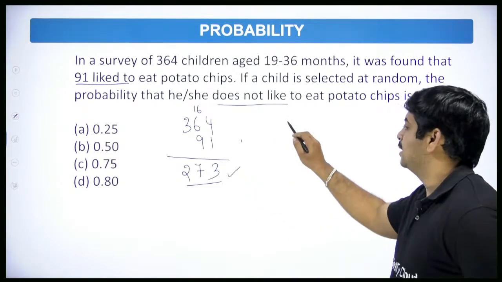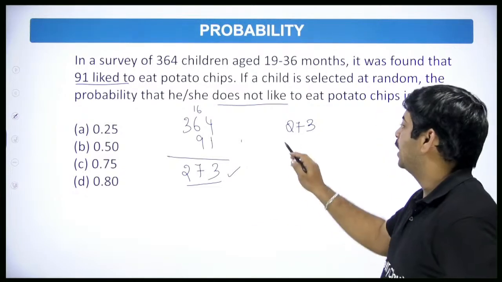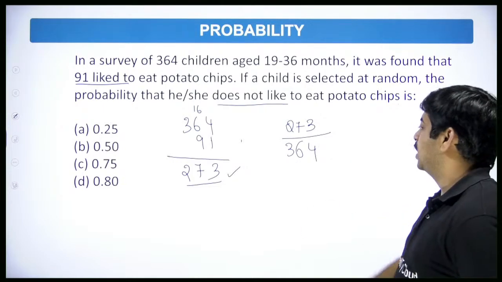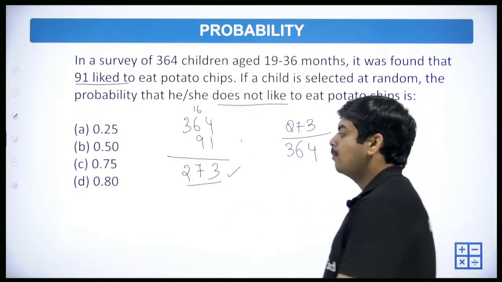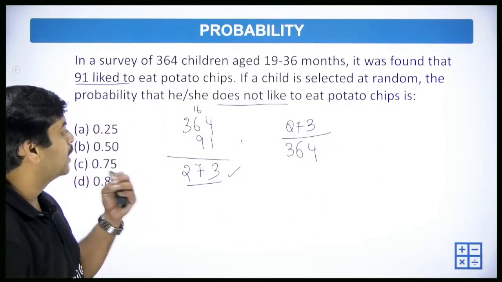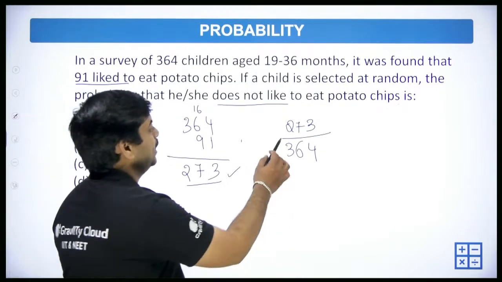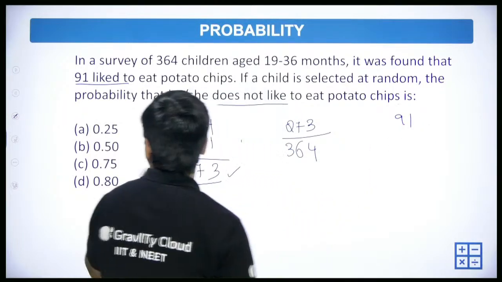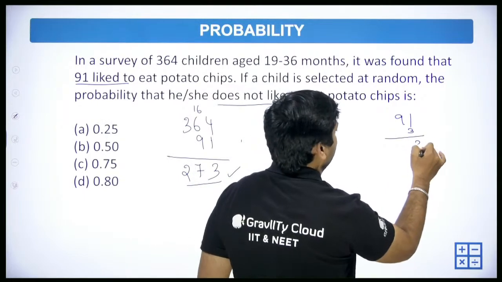So 273 is the number of children who do not like potato chips, divided by the total count, 364. Still, we have answers like 0.25, 0.50, 0.75, 0.80. Let me calculate that. We need to cancel that, maybe with 91. Maybe 91 is some hint. 91 3s: 3 1s 3, 9 3s 27.